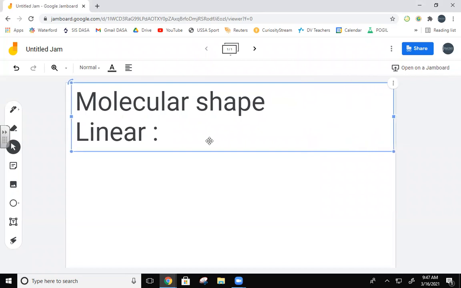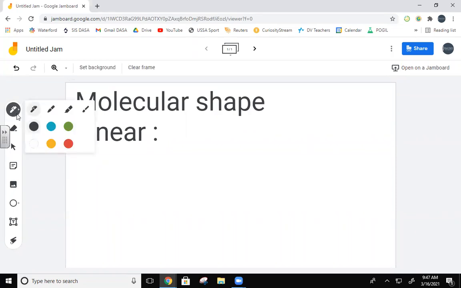A linear shape, you understand what that means. It's a line, right? So a good example of a linear shape molecule is CO2. Oh, I'm going to change this. There we go. So you can see it better. CO2.